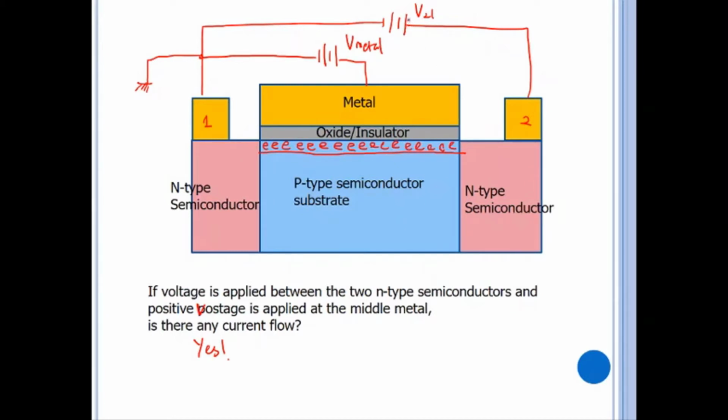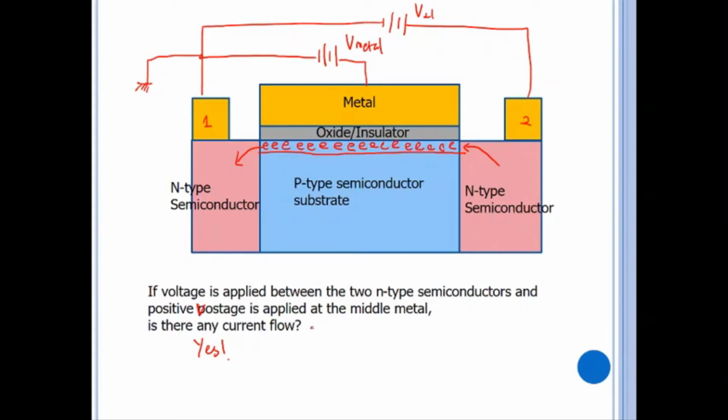For this application of V21, the current flows from electrode number 2 to electrode number 1 via the formed electron channel inside the p-type semiconductor. This is what we call a channel, formed due to the application of a positive voltage at the metal.